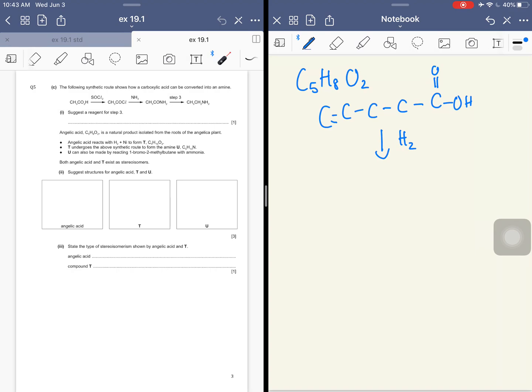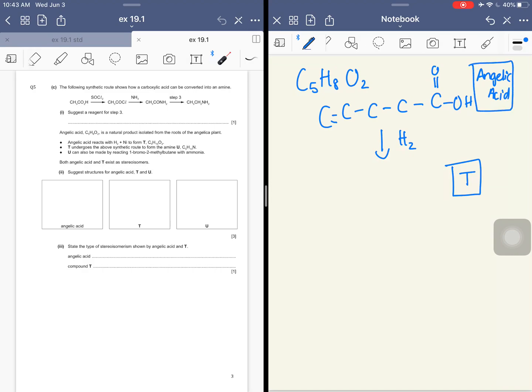To form T. So at the moment we don't know what T is yet, because even angelic acid we don't know how it looks like, and I cannot just assume that the double bond is between carbon number 4 and 5. It can be here, it can be here. I don't know that. And also this carbon chain may not necessarily be in a straight line. It can be branched like that, or it can be branched here. So we'll have to use the hints given in the question again.